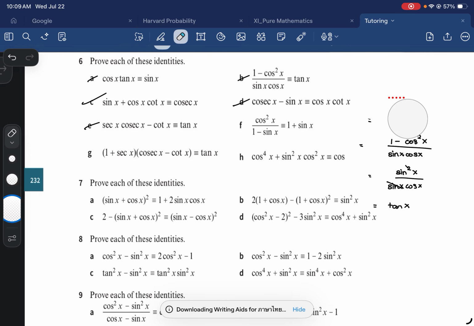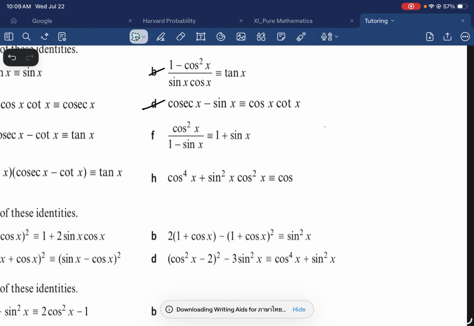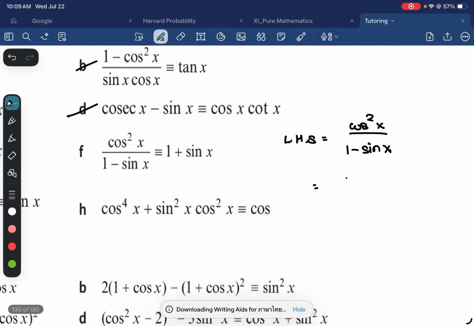Alright, part F. So the left-hand side is very simple. Cos squared x over 1 minus sine x. I can write the numerator, cos squared x, as 1 minus sine squared x, right?